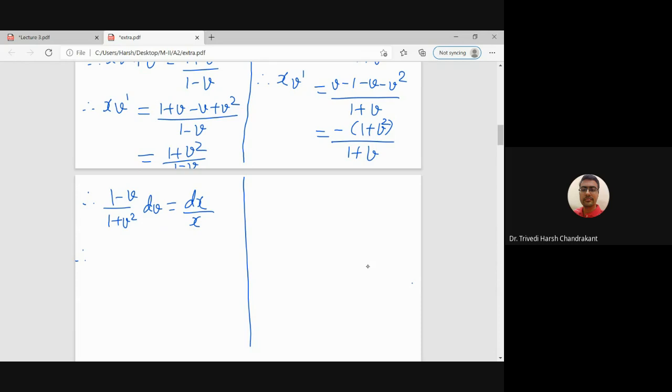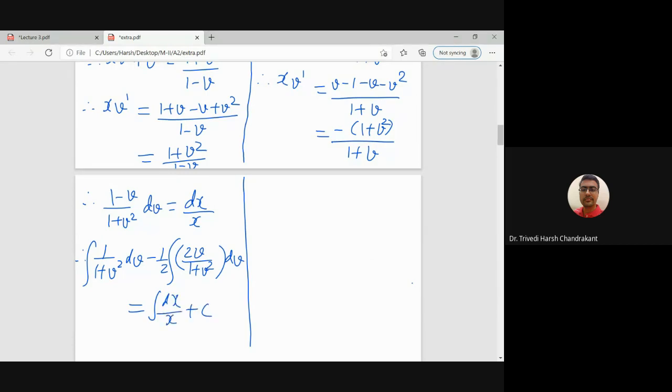So this is basically 1 plus v square dv minus half 2v by 1 plus v square is equal to dx by x plus constant.